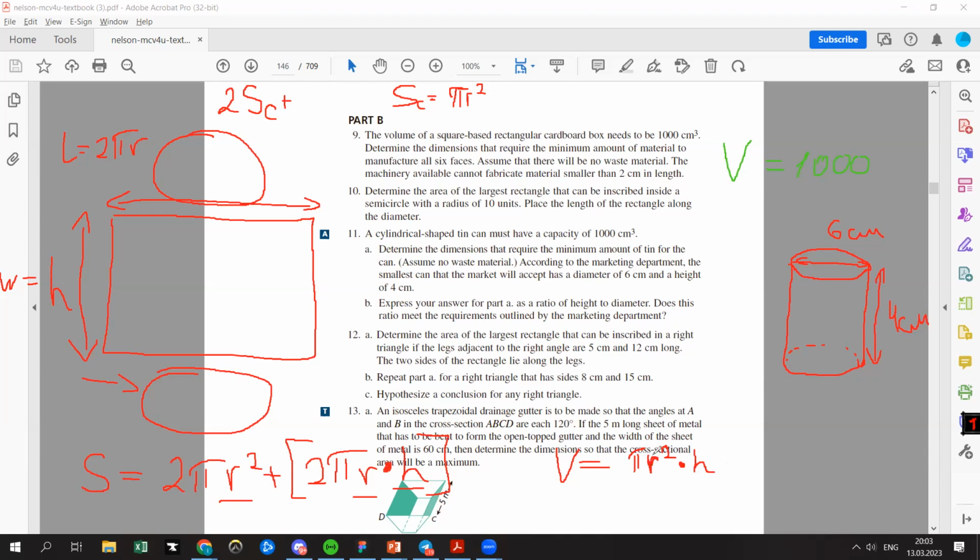And now you see we have two equations that both depend on r and h. So now you need to find what these dimensions are when S is the smallest possible, but at the same time it satisfies the equation of volume being equal to 1000. Make sense? Yeah.